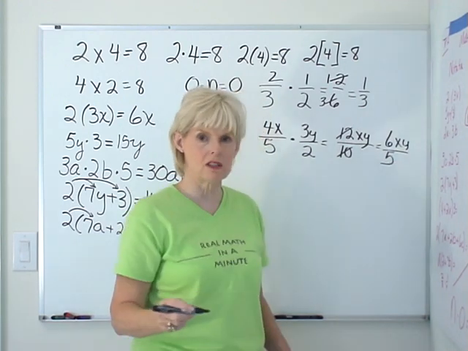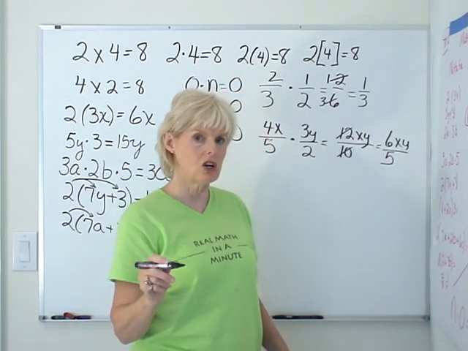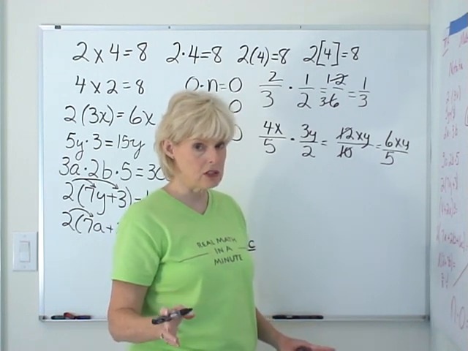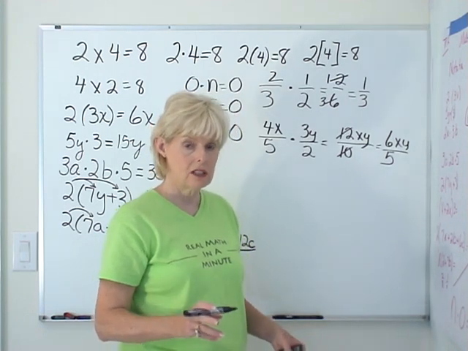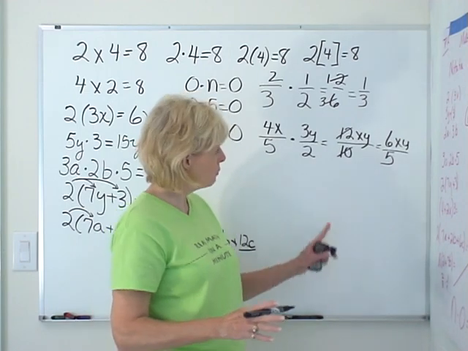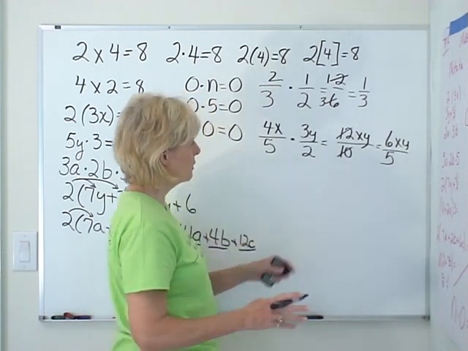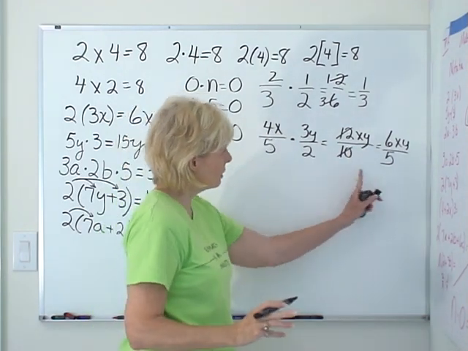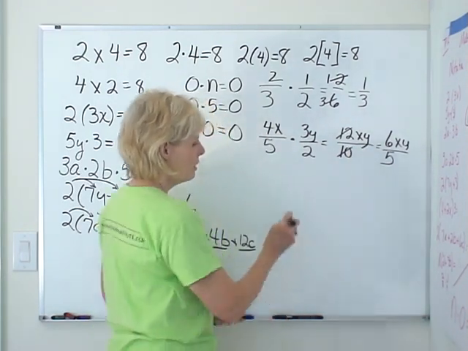So our solution becomes 6xy over 5. And we're going to look at a lot more fractions as we progress and as we move into division. But just as a very introductory remembrance of how you handle fractions and what it looks like in algebra is what we're doing here.